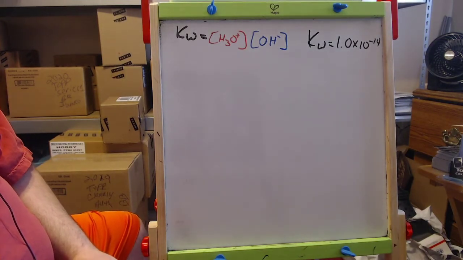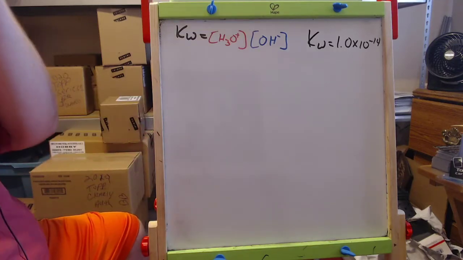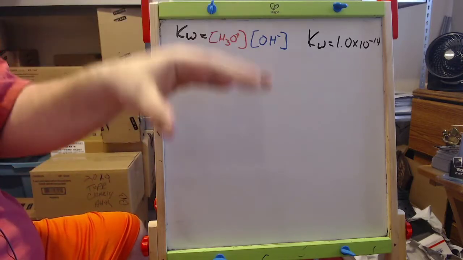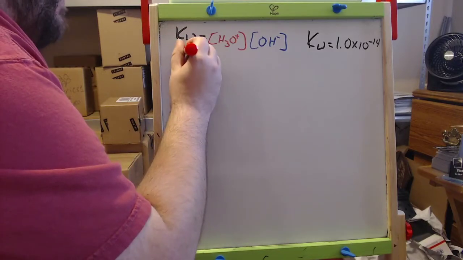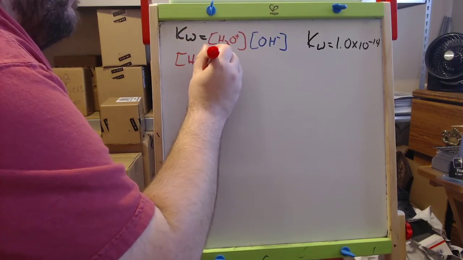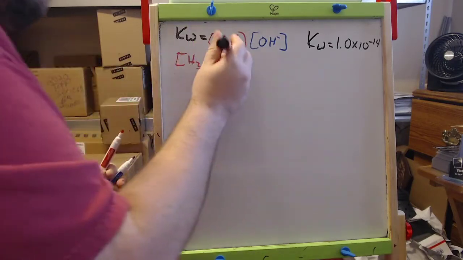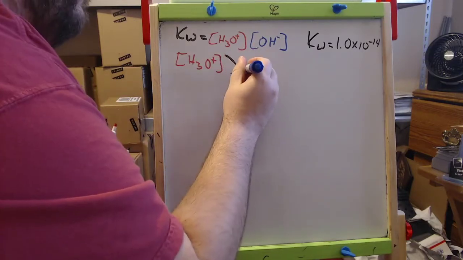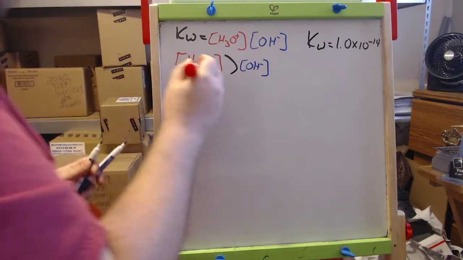So, if I compare my values of H3O plus to OH minus, if I was only given those, and I wanted to know, am I an acidic solution, a basic solution, or a neutral solution? If I have more H3O plus than OH minus, I'm acidic.